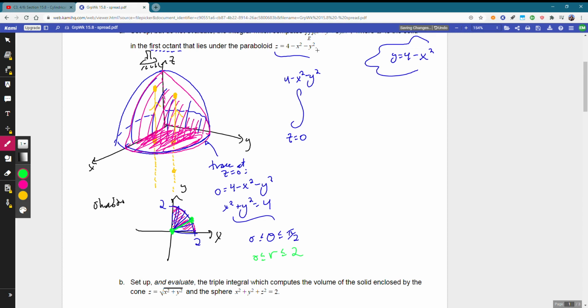All right, so these become our descriptions, and since we're describing the xy plane in polar coordinates, x is r cosine theta, y is r sine theta, and we have our nice Pythagorean theorem identity, x squared plus y squared equals r squared.